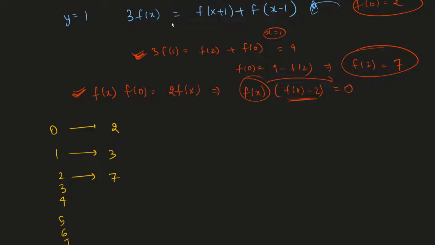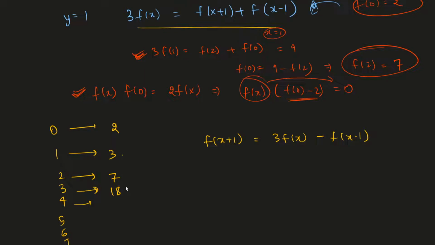And notice the generating function that we have: f(x+1) equals 3f(x) minus f(x-1). So what will the value for 3 be? 3 times 7, that's 21, minus 3, so that's 18. Then 3 times 18, that's 54, minus 7, so 47.